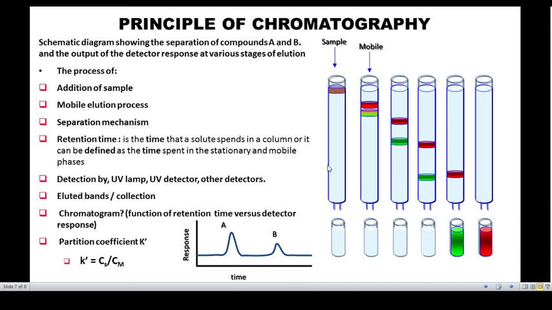The detection of each component is done by various detectors, like a UV detector or some other detectors. The eluted bands or zones can be collected, and a chromatogram, which is a plot of the response of each component versus time, gives information about the different components present in the mixture, as shown here.